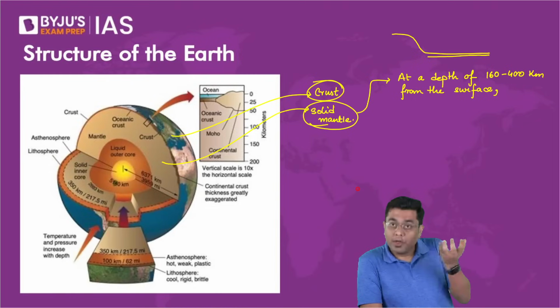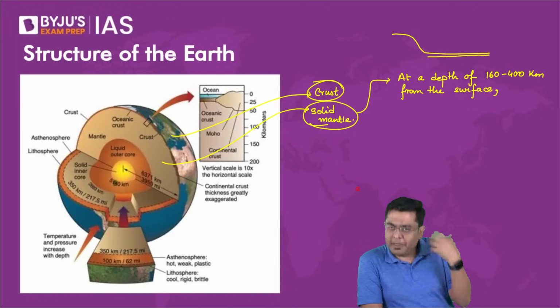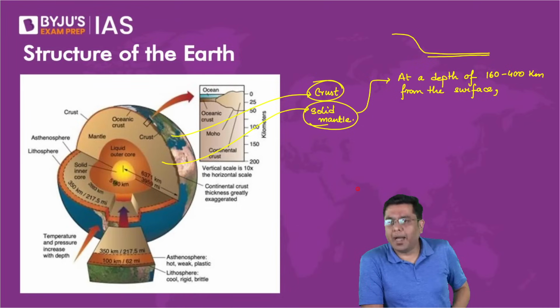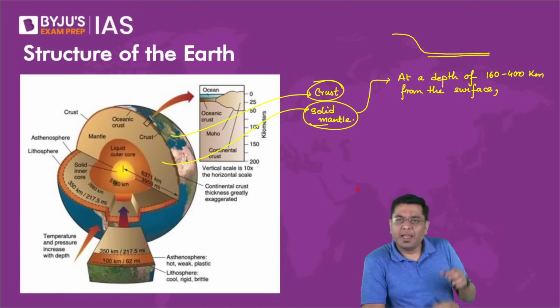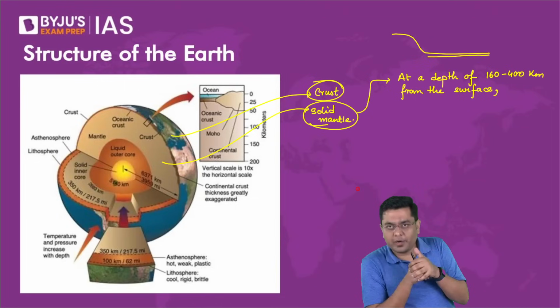The outer core was made up of comparatively lighter substances as compared to the inner core. Even though both of them are dominated by iron and nickel, there would still be a slight mass difference. And that differentiation that separated the outer and inner core led to the solidification of the inner core.